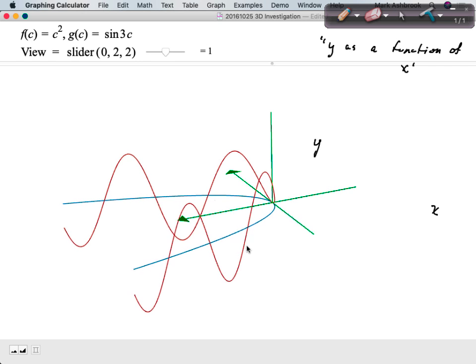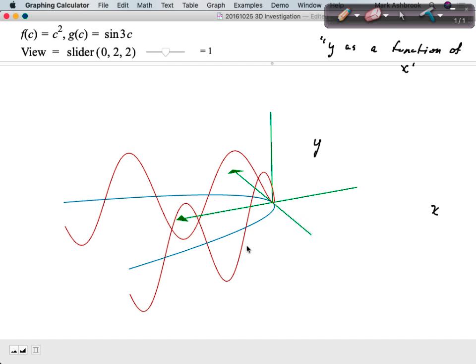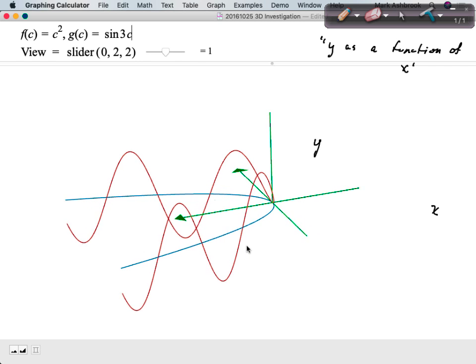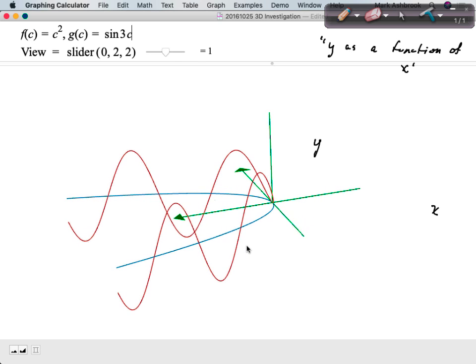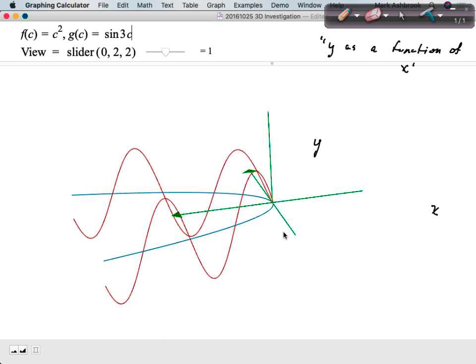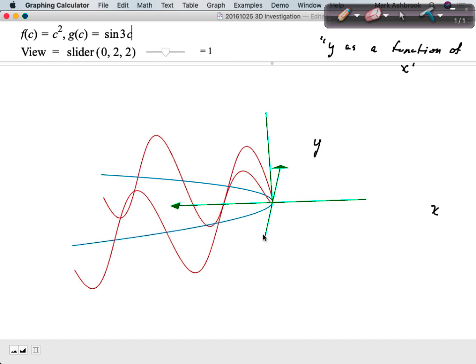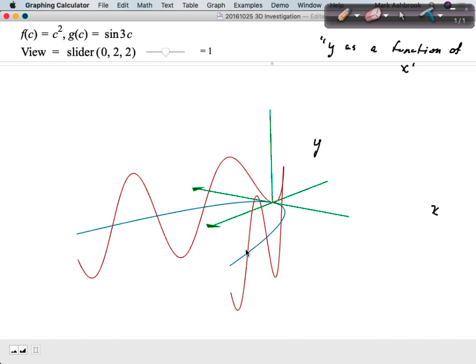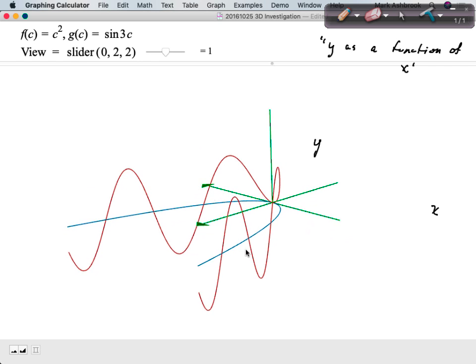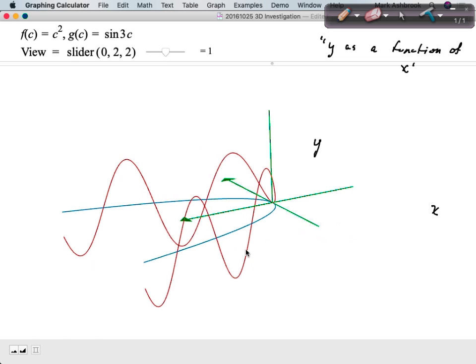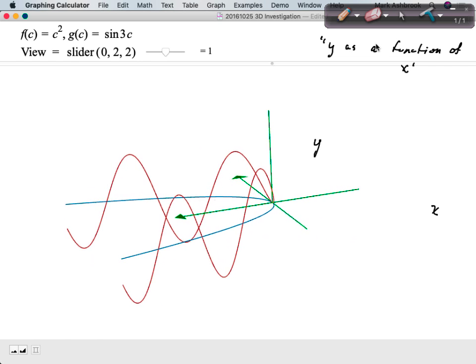In other words, what does the red graph have to do with f, g, x, y, and z? Okay. So it's like in the XY plane, it's mapping f of x, but in the XZ plane, it's mapping the g of x.